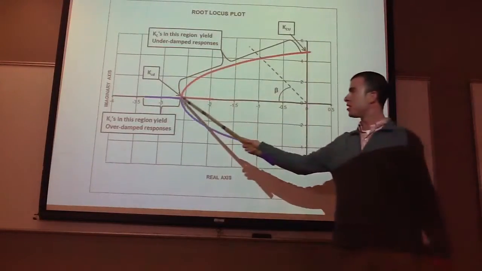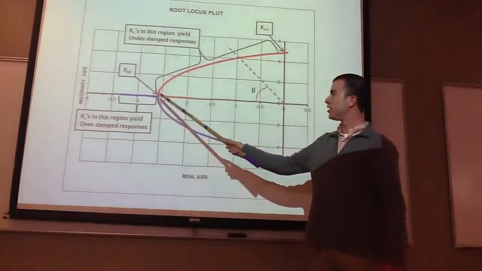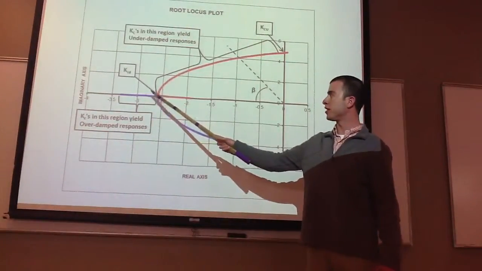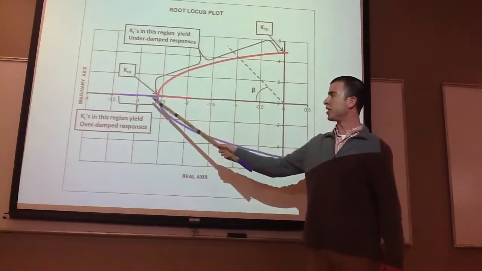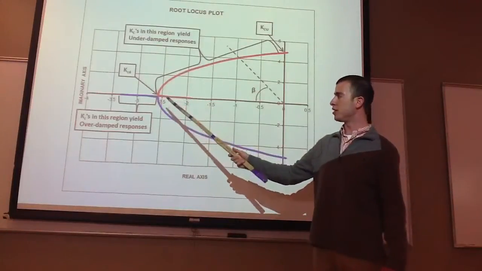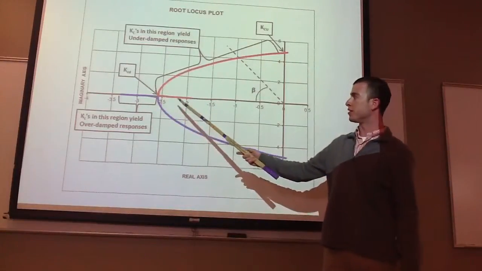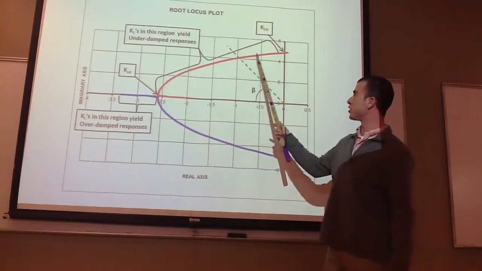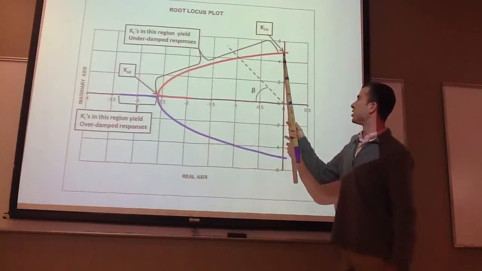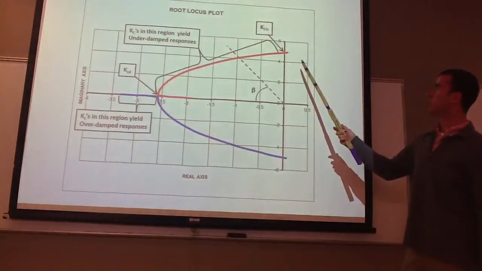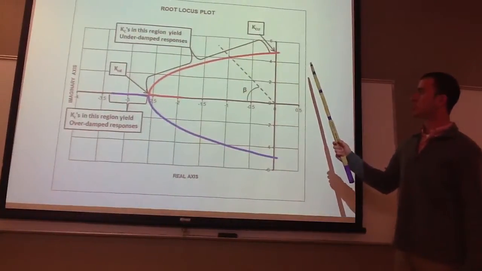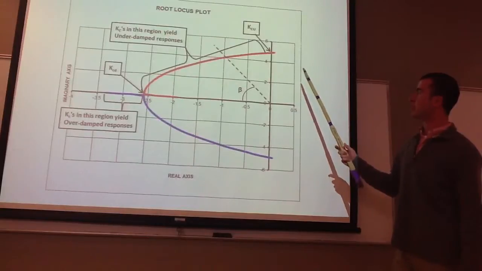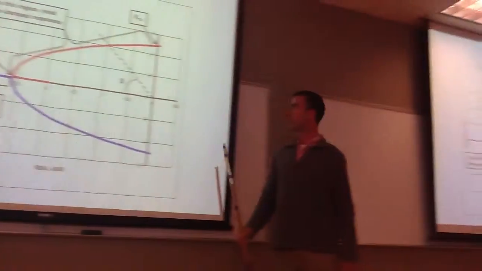Down here at this range, when it levels out, is your critically damped gain, and that's where your zeta equals 1, or your decay ratio equals 0. As you go up, your decay ratio goes closer to 1, and when you get to your ultimate gain, your system becomes oscillatory, and your decay ratio equals 1.